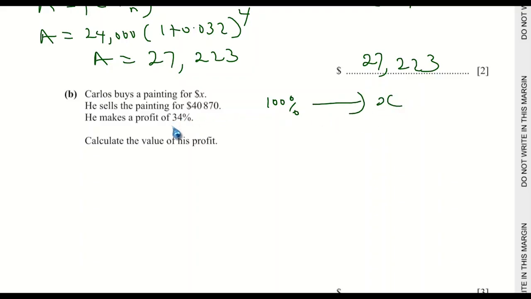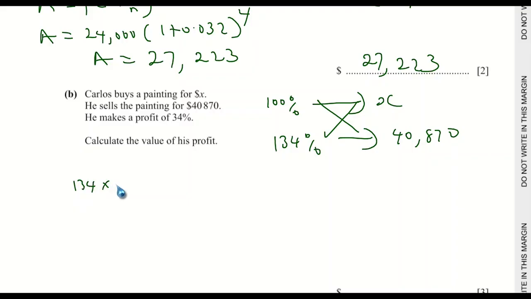Now, for Carlos to make a profit of 34%, that means the selling price is at 134%, so the price is 40,870. We can now cross multiply: 134 multiplied by x equals 40,870 multiplied by 100.